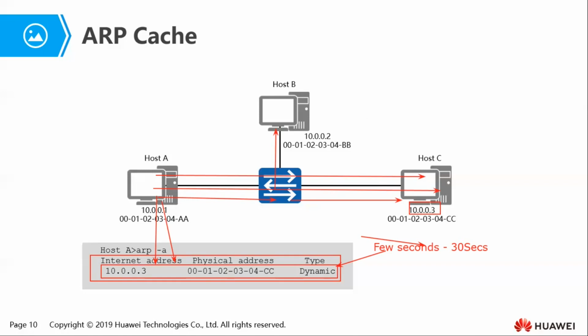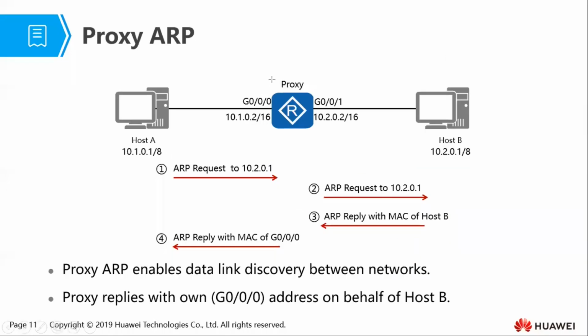Okay, and then we have the concept of proxy ARP. Most of the time, you'll use a layer 3 device to break your network into different segments.